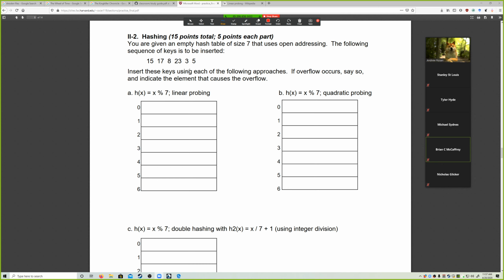Insert these keys using the following approaches. If an overflow occurs, say so and indicate which element causes the overflow. I'm going to try to do this in a way that will be as easy to autograde as possible, so I might not care about the overflow so much, or I might have that as a separate question. So I'll be doing a lot of drawing here.